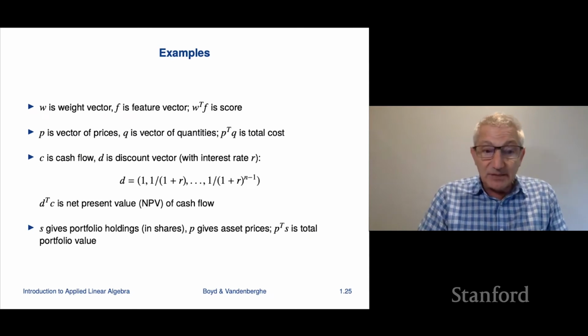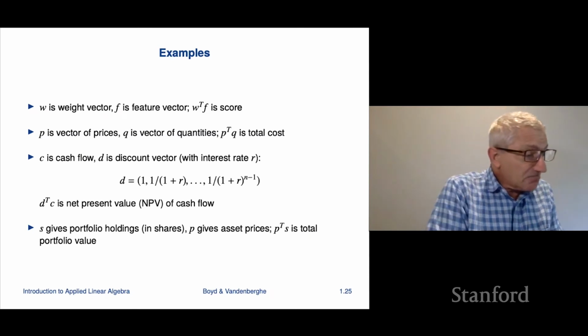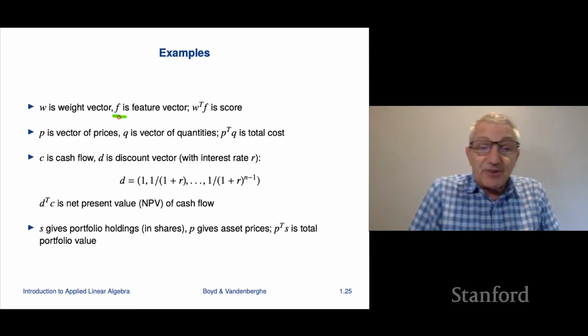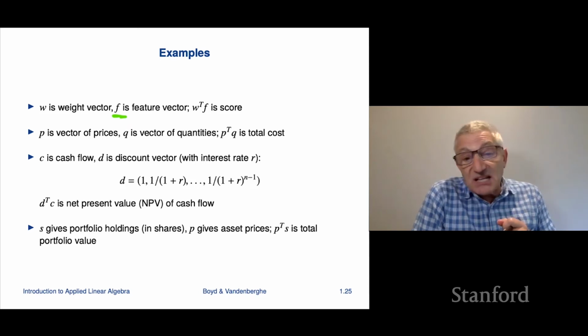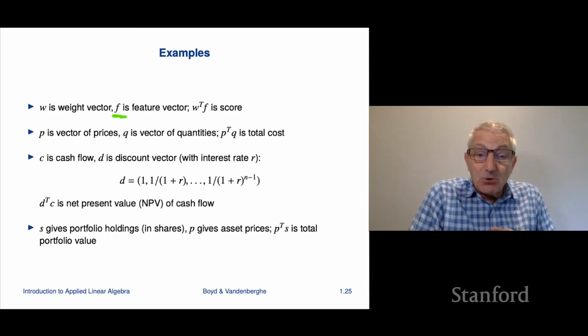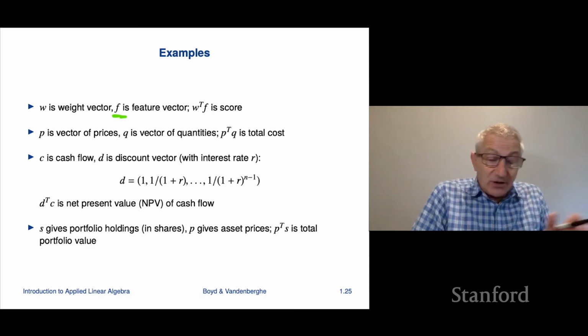Okay, so these are generic examples. Let's see how they come up in practice. Here's a very common one. Let's suppose that f is a feature vector. It's got entries corresponding to, let's say, a bag of words model. So each entry in f, from a dictionary, is a word count vector.